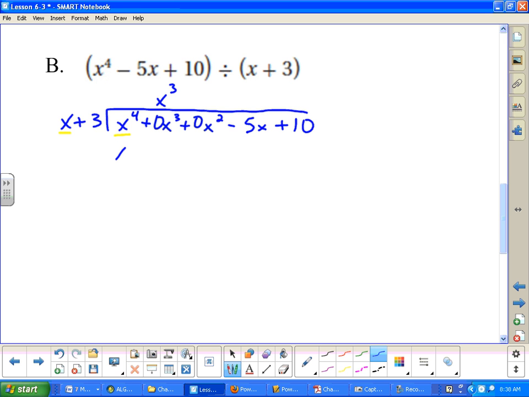So we get x to the 4th plus 3x cubed. And then we're going to subtract, changing all the signs.